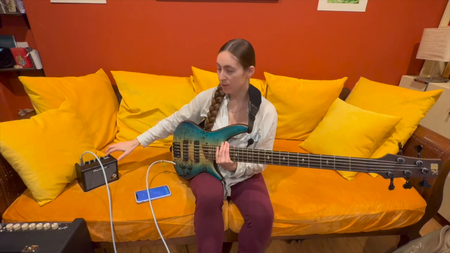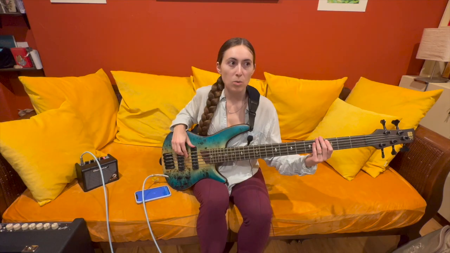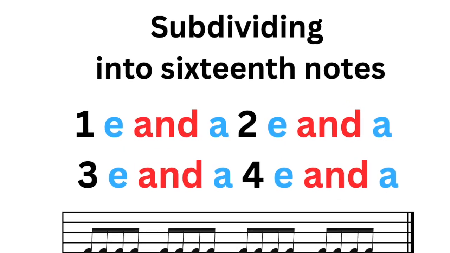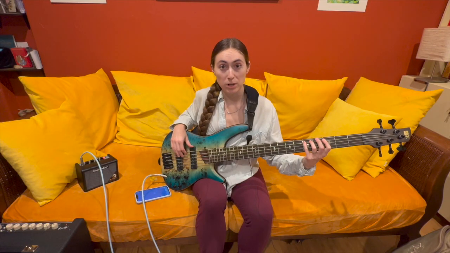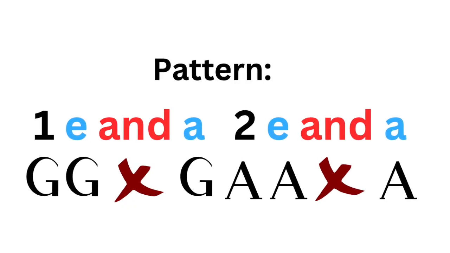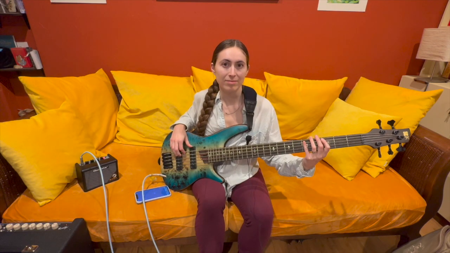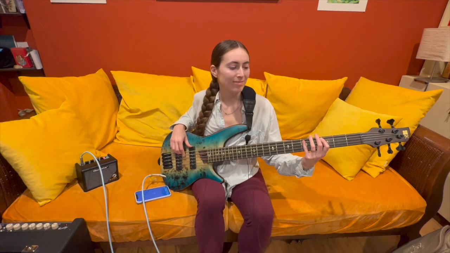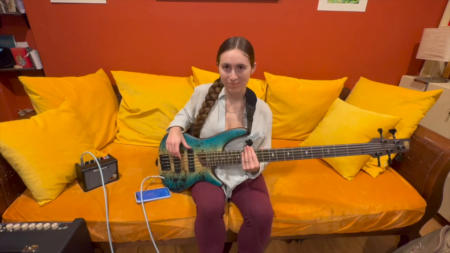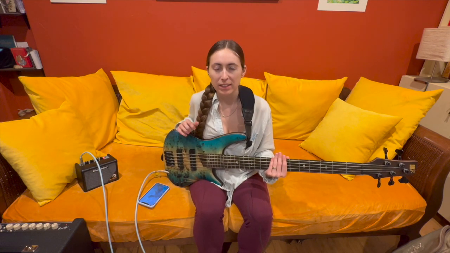I can play something on the bass with that count. 1 E and a, 2 E and a, 3 E and a, 4 E and a. That's just 2 notes.